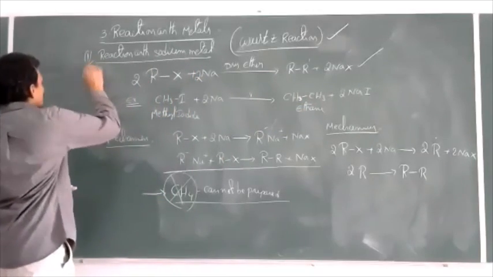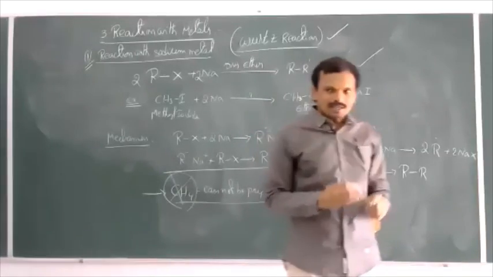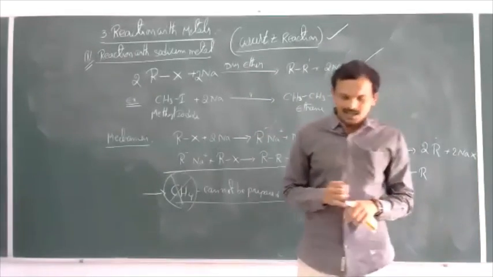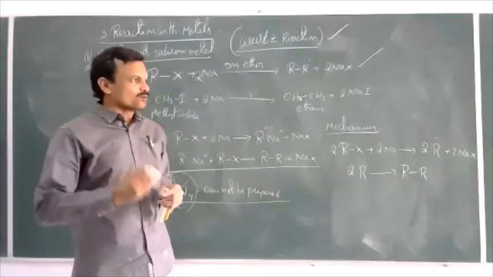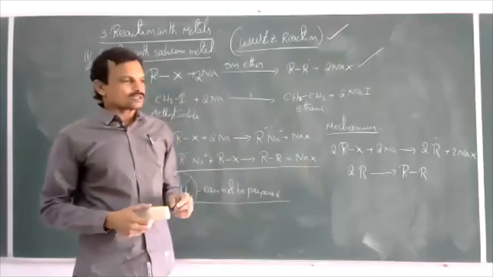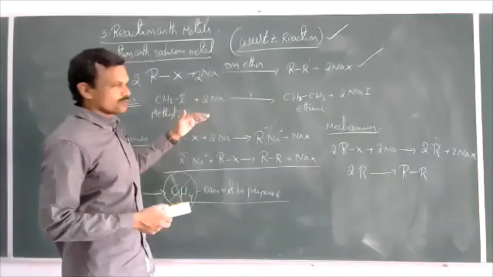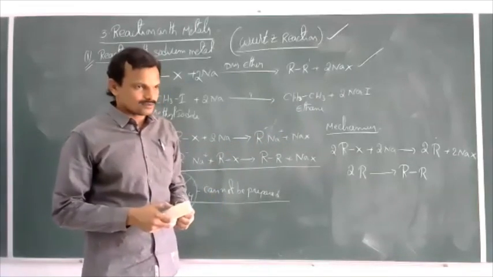So this is regarding the Wurtz reaction. Again, in this Wurtz reaction, intermolecular Wurtz reaction is there, intramolecular Wurtz reaction is there. So what are the different types of Wurtz reactions, and some examples? In tomorrow's class, we'll discuss the remaining examples of the Wurtz reaction as well as intermolecular and intramolecular Wurtz reactions. Okay, thank you.